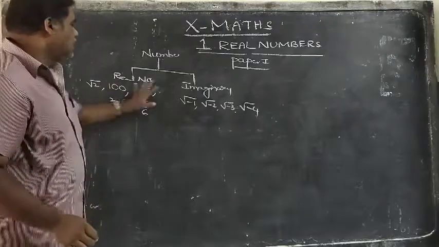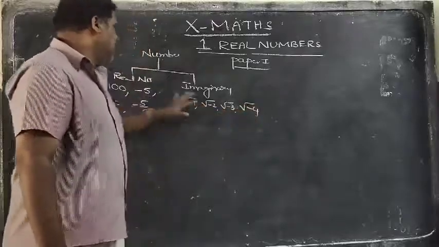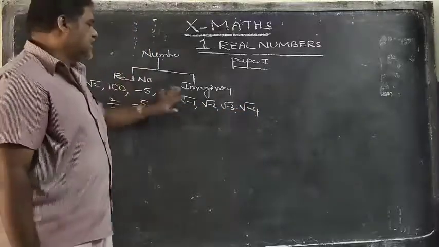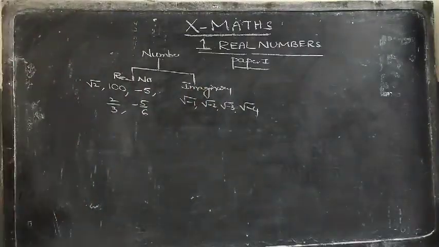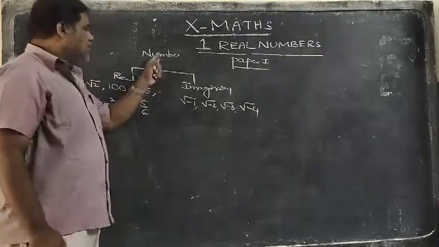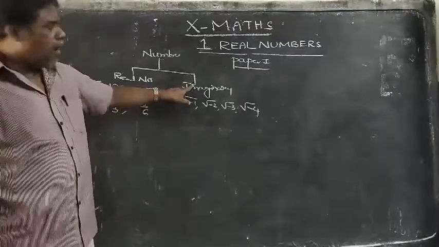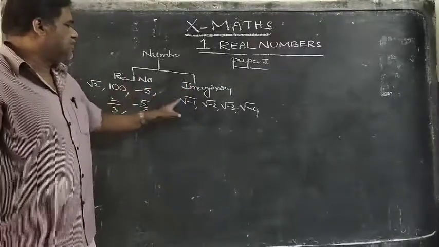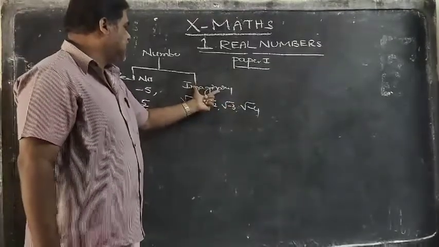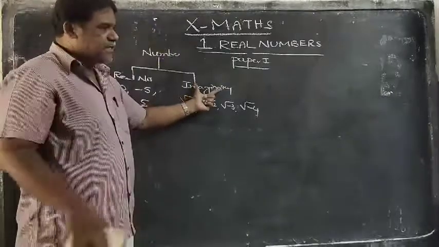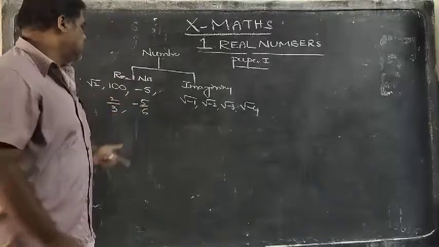Like this, all numbers are real numbers except the square root of negative numbers, which are called imaginary numbers. About imaginary numbers we studied in intermediate. So now, real numbers: all numbers are real numbers.